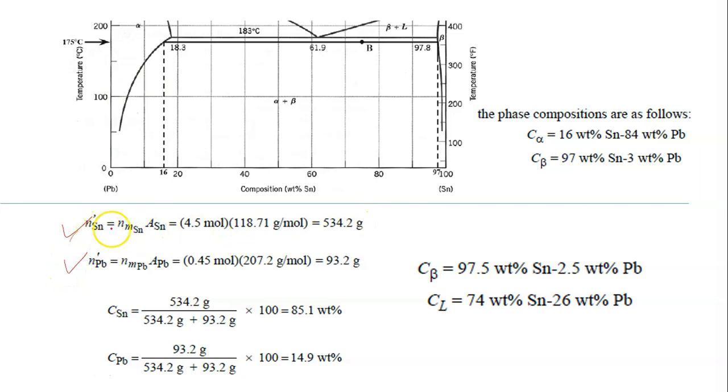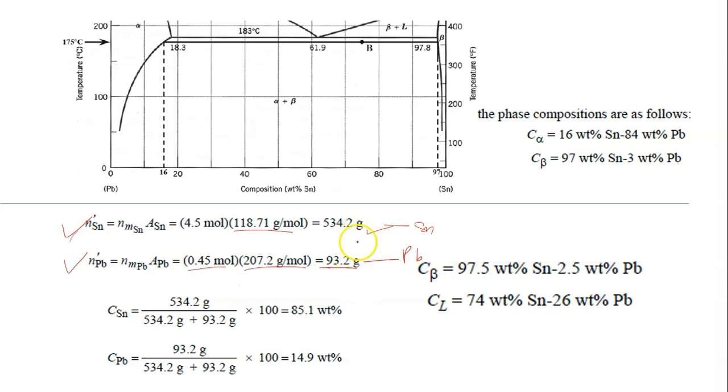The mass of the tin is just 4.5 mole times its atomic weight. So you will get 534.2 gram. This is for tin, and for the lead, 0.45 mole times its atomic weight, you get 93.2 gram. This is for lead.